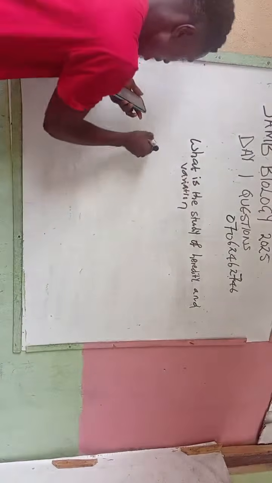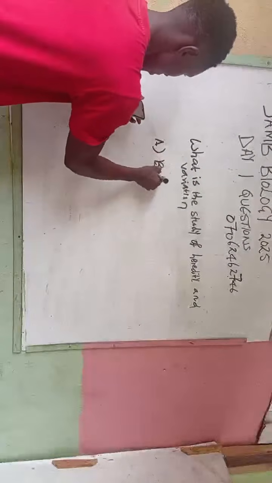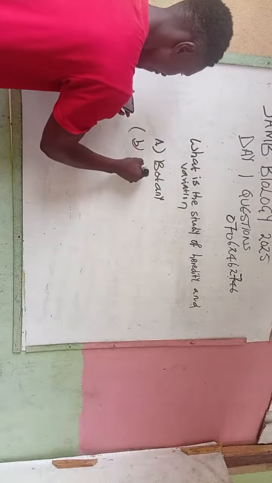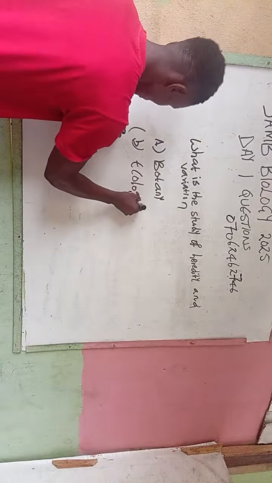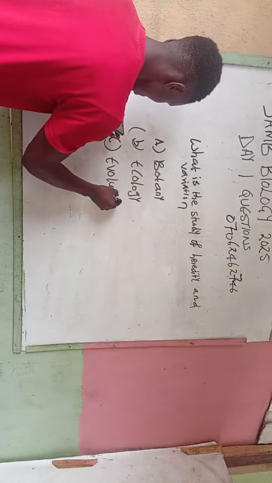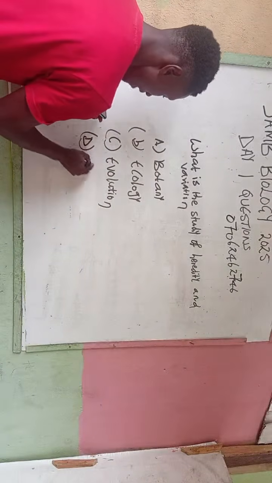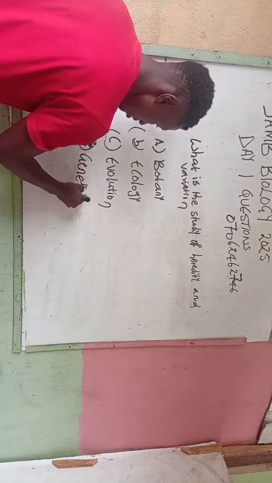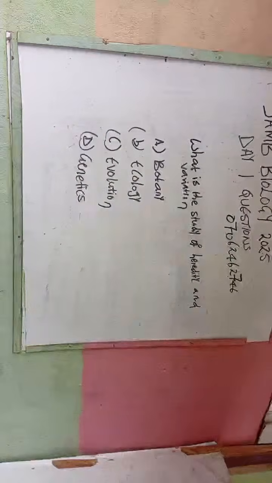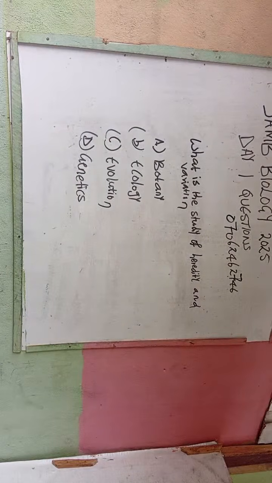We have A, botany. B, ecology. C, evolution. And D, genetics. So what is the study of heredity and variation? A, botany, B, ecology, C, evolution, and D, genetics.